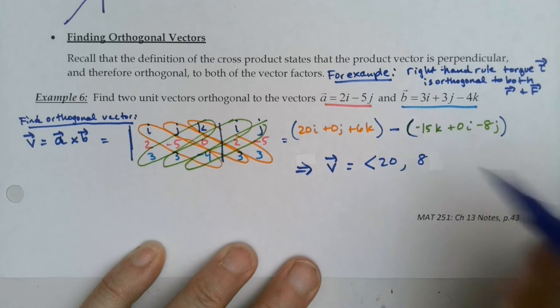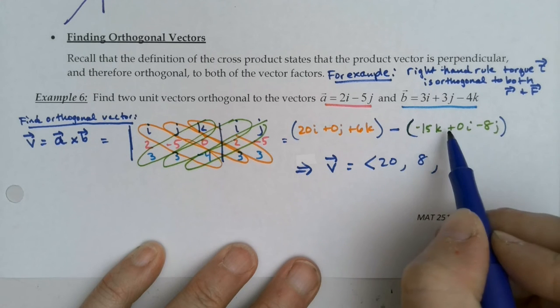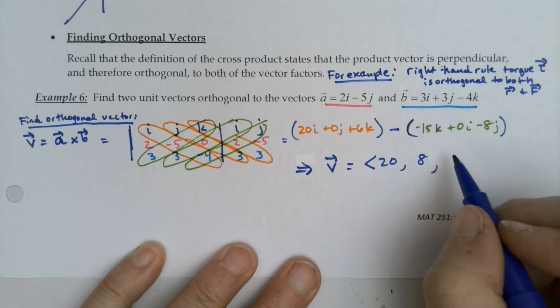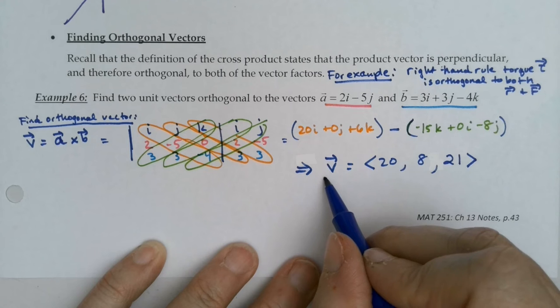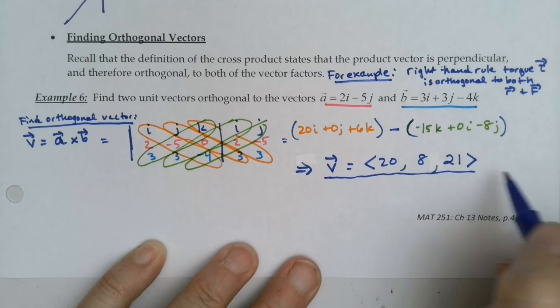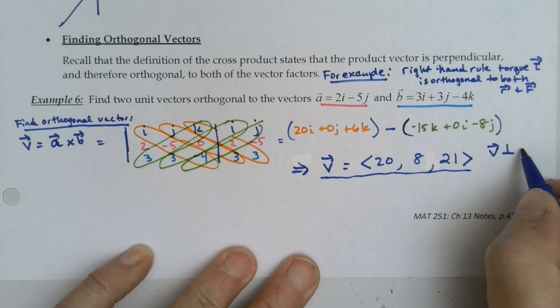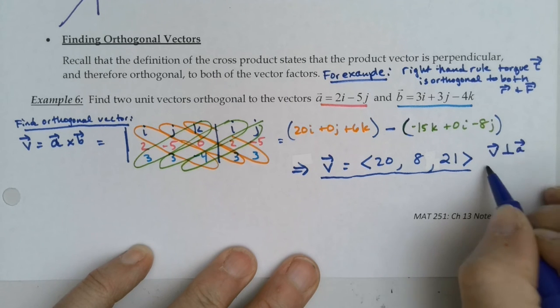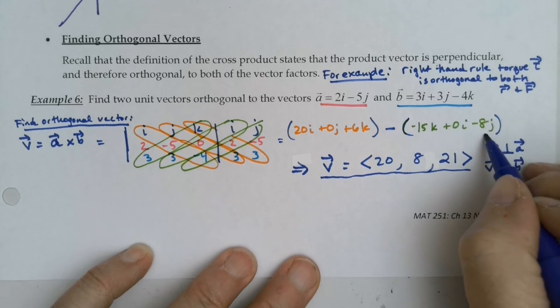So just 8, comma, and then 6, take away a negative 15, so that would be 21. There's vector v. That's a vector that's orthogonal, right? So v is orthogonal to A, v is orthogonal to B.